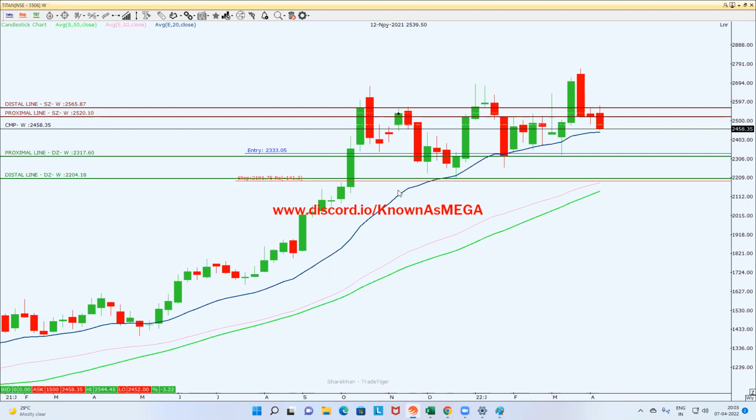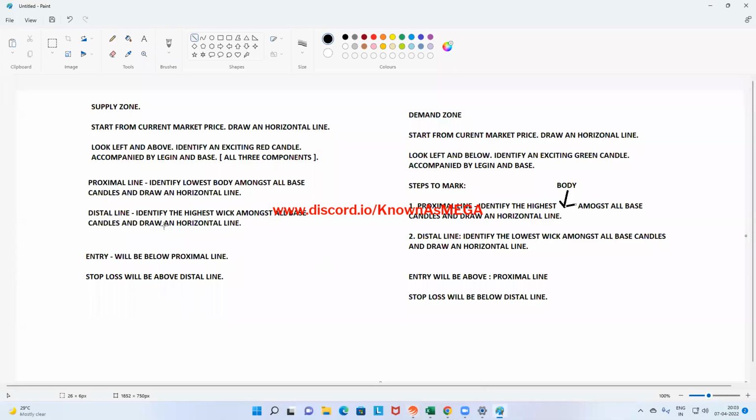For now, understand this, and don't mark more than 3. Okay, guys, I hope you have taken screenshot for this and take screenshot for this as well. Then confirm once it is done.